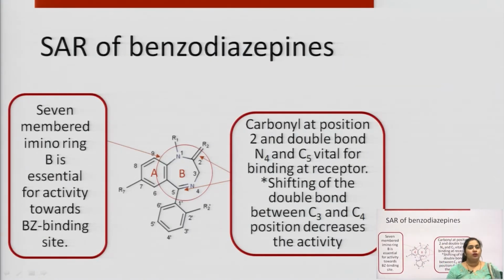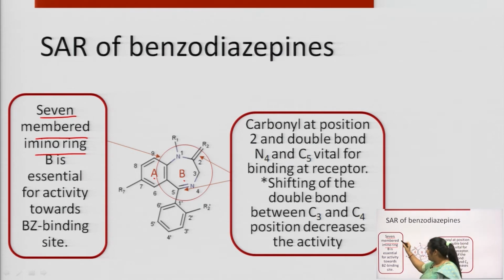So now we will talk about the structure activity relationship of benzodiazepine. First of all, when we talk about this structure activity relationship, we have certain sites to act on. Like we have a 7-membered imino ring, that is B. We have 2 rings, one A is benzene and B is the diazepine ring.